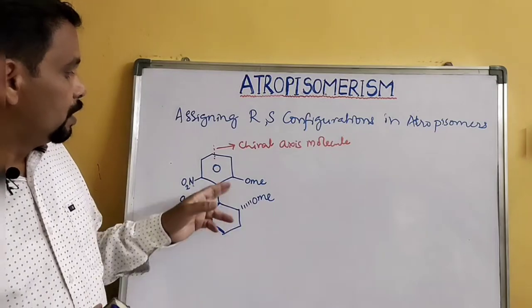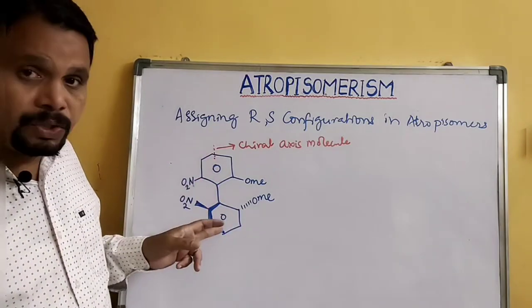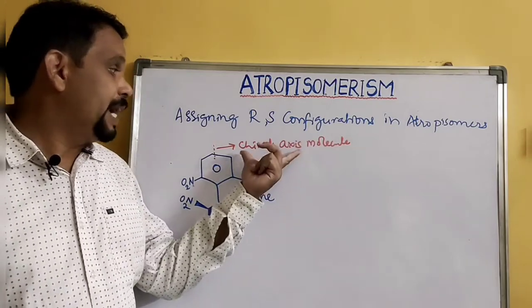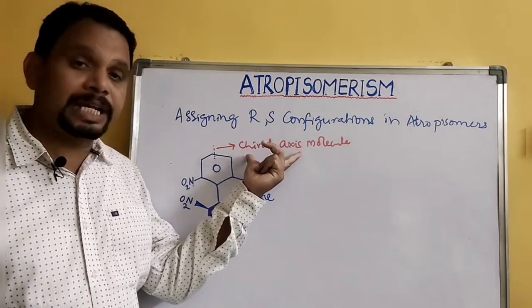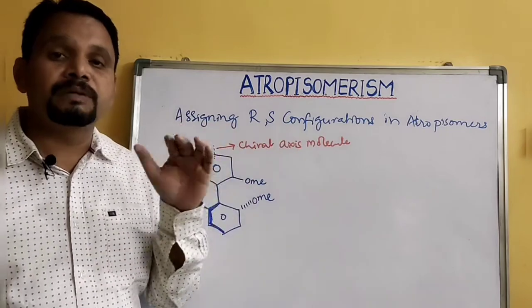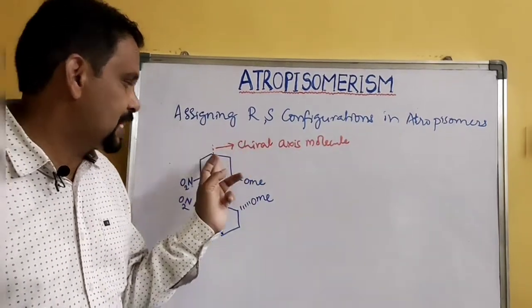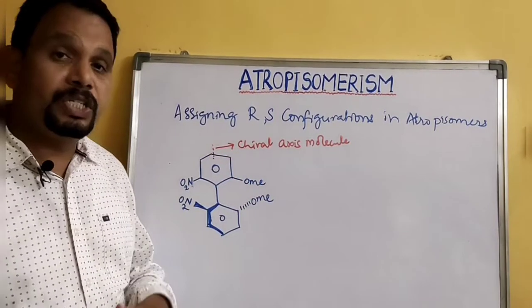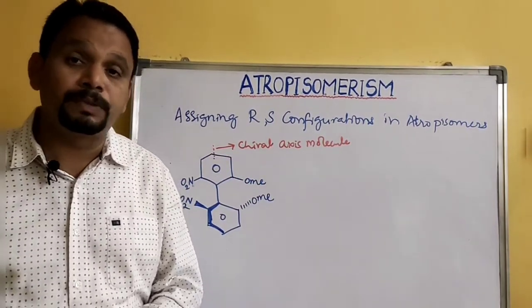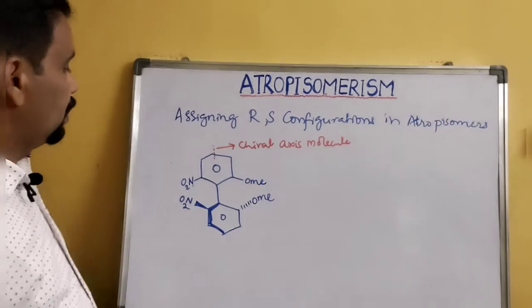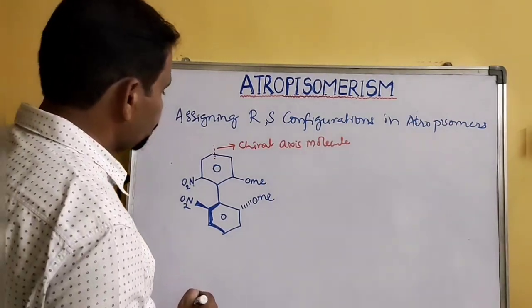Here, these molecules may not have a chiral center, but they have a chiral axis, which is similar to a chiral center. Because of this chiral axis, these molecules exhibit optical activity.